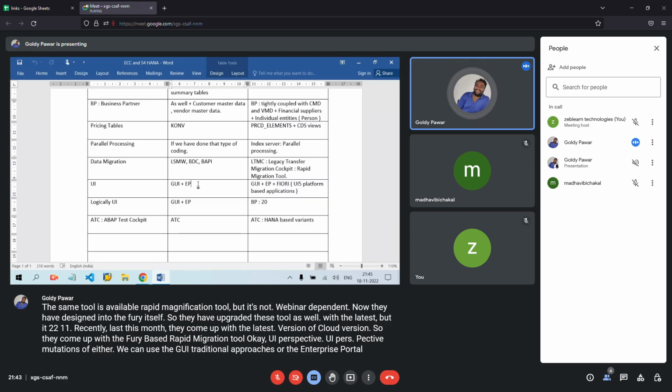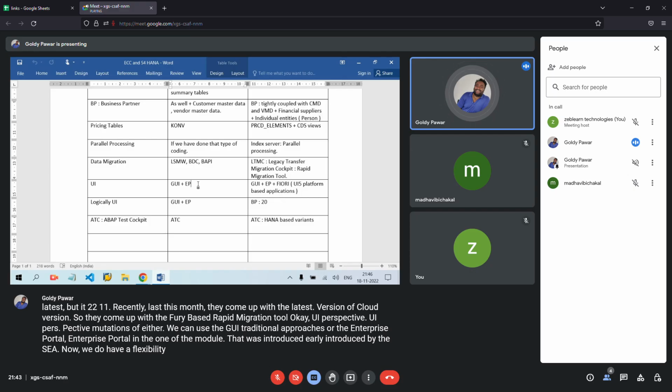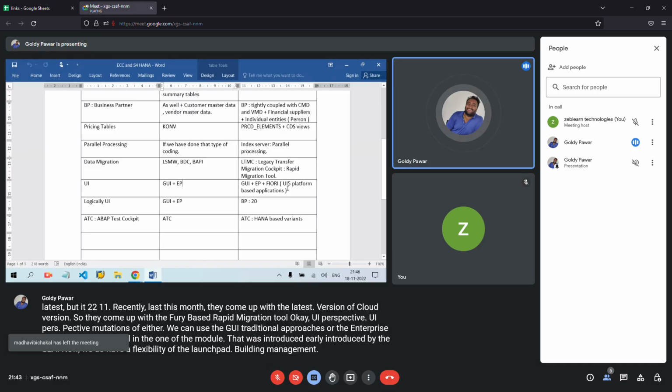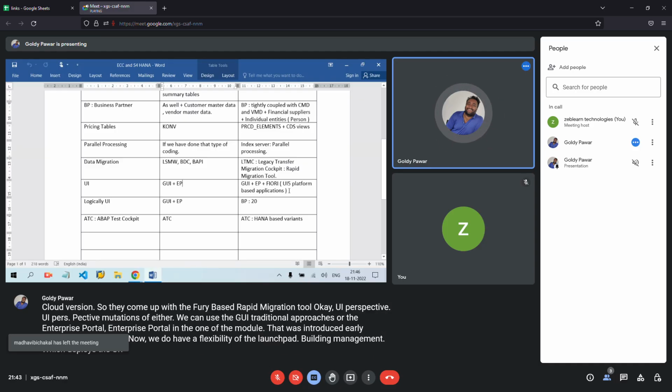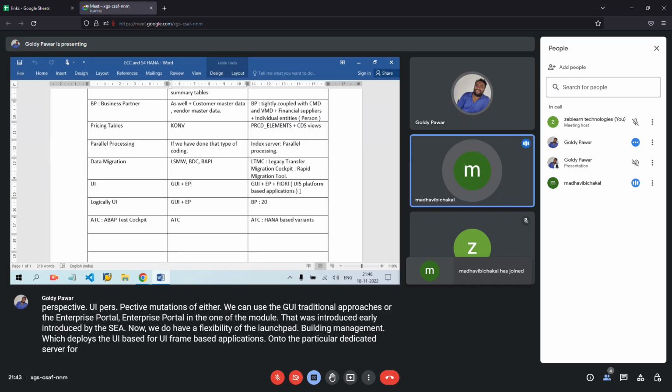Enterprise portal is one of the modules that was introduced earlier by SAP. Now we have the flexibility of the Fiori launchpad, which deploys the UI5 based applications onto a particular dedicated server for all the users.